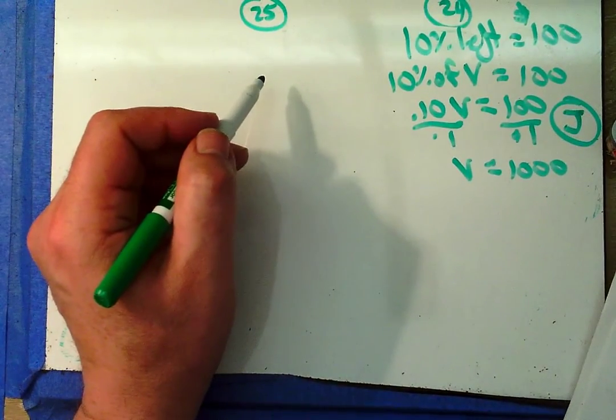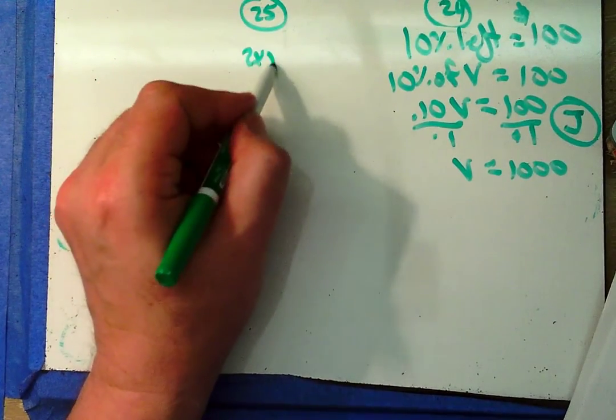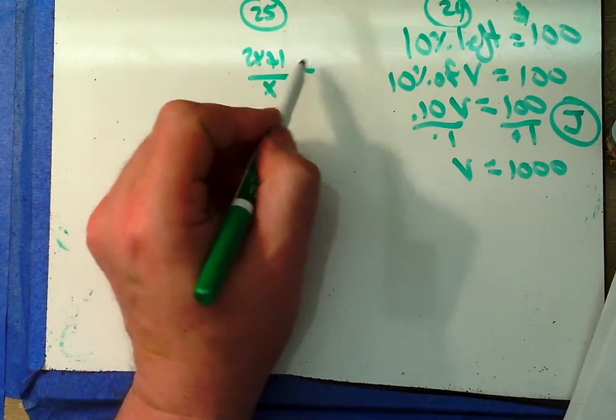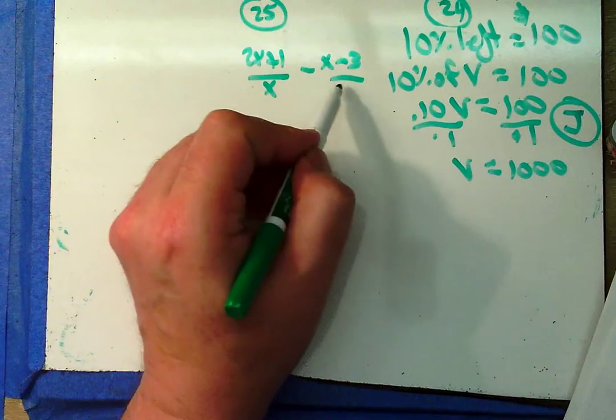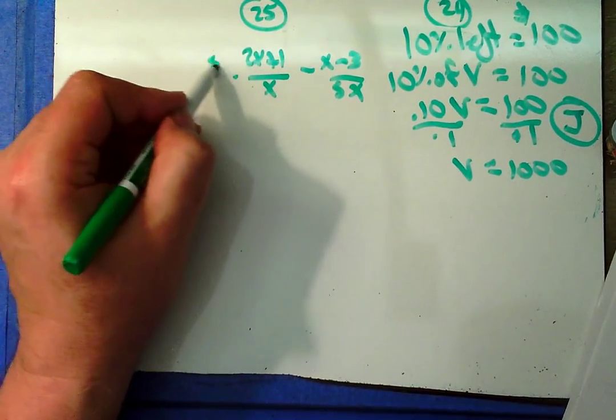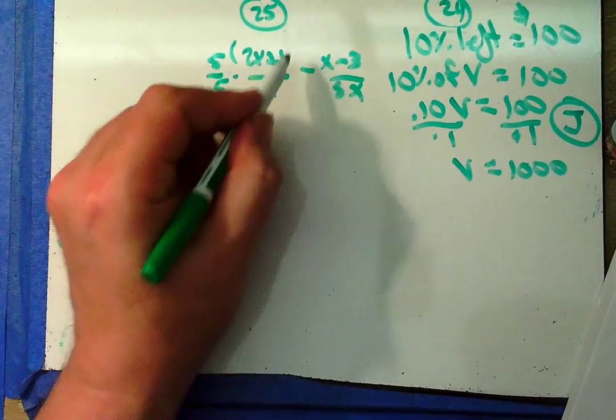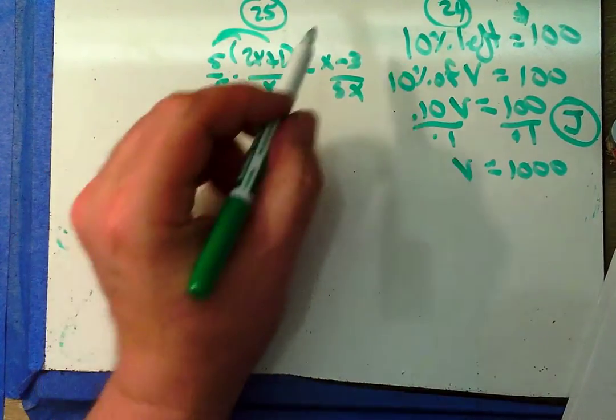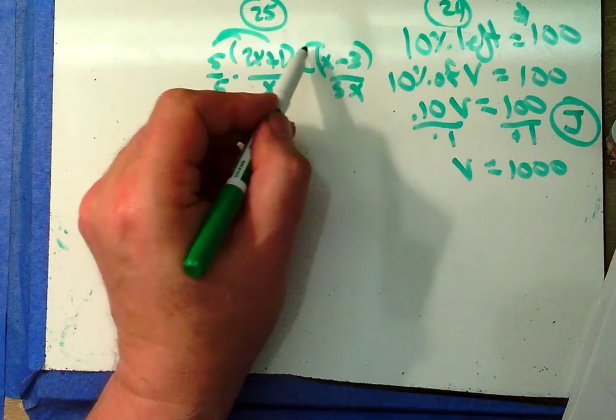25 says, which is the simplified version of 2x plus 1 over x minus 3 over 5x. So I want to make a common denominator here by multiplying by 5 over 5. Don't forget to distribute this as well. You need to distribute this negative.